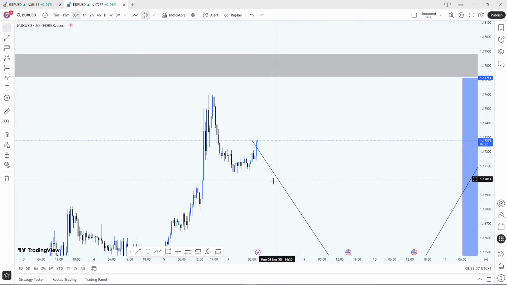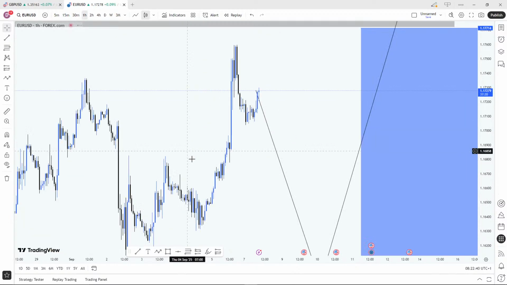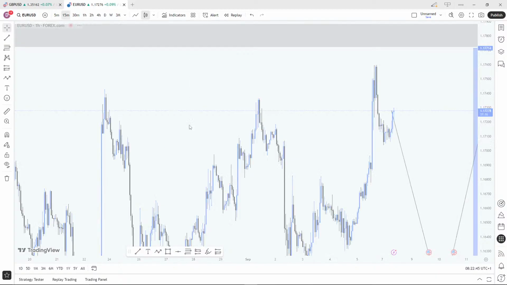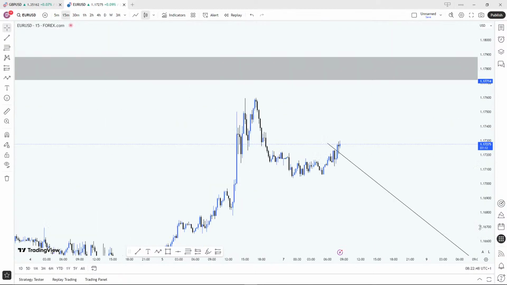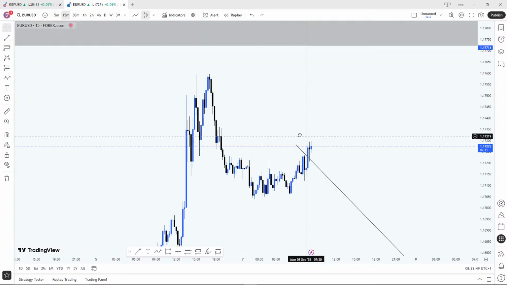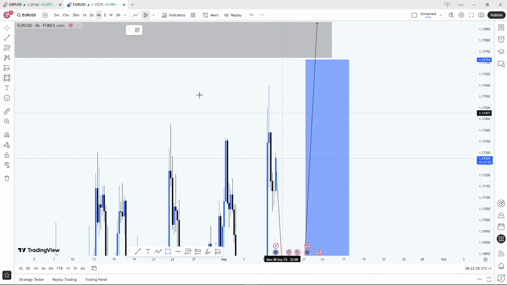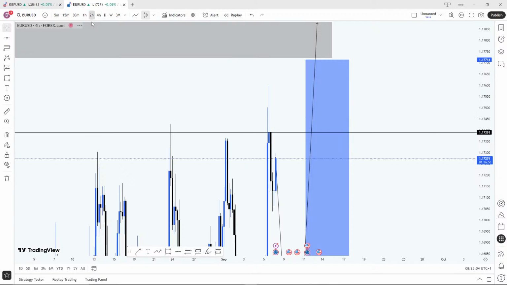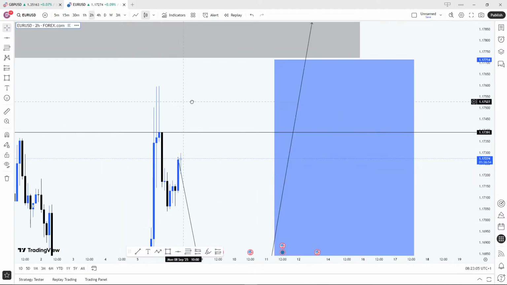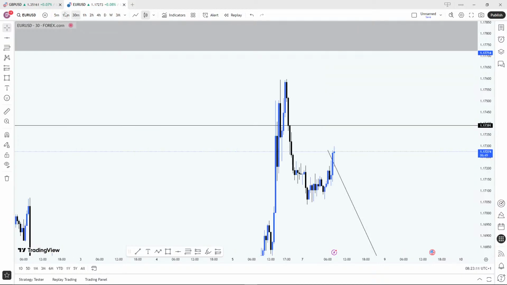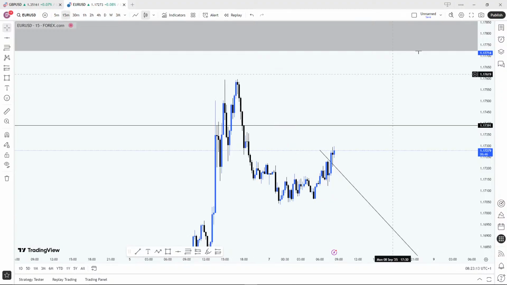Then this breaker block is already moving, and on a lower time frame, there is no clear opportunity to take a trade. So let's check out other markets.